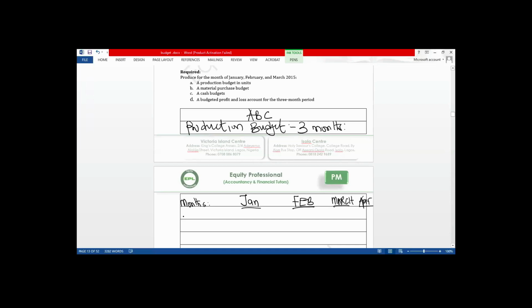If you want to do your production budget, you start with your planned sales. If you look at the question, for 2015, what is the budgeted sales in January? You have 210. For February, 180. For March, 210.